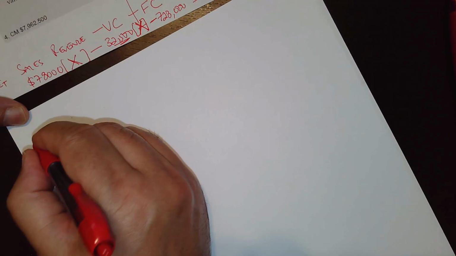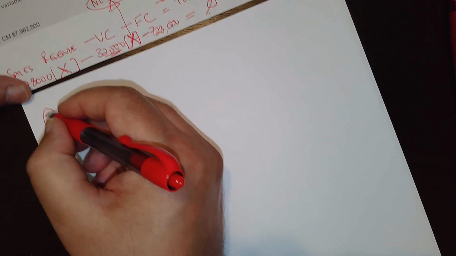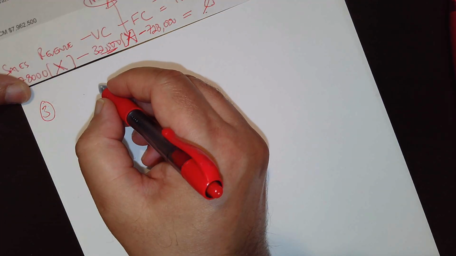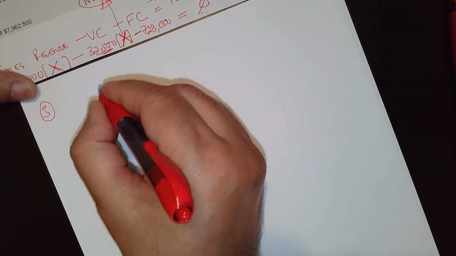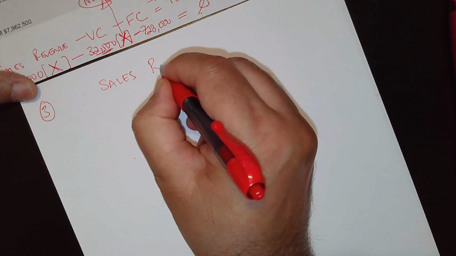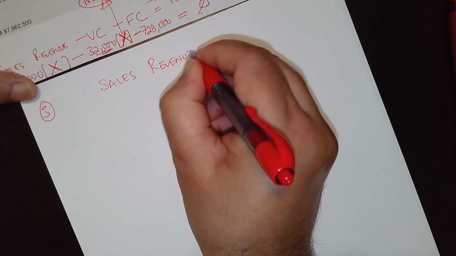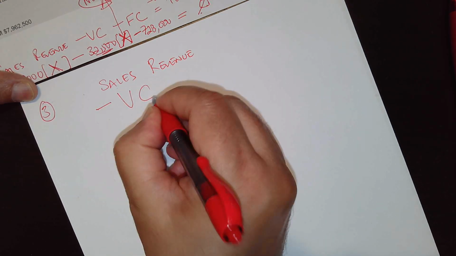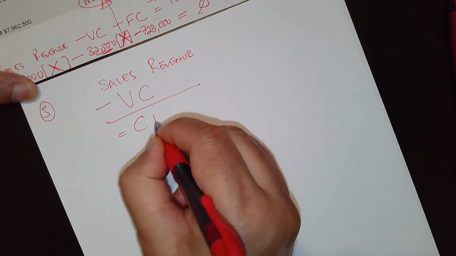So what is the contribution margin? For number 3, we're going to take the contribution margin approach. We have sales revenue minus variable cost, which gives us contribution margin.